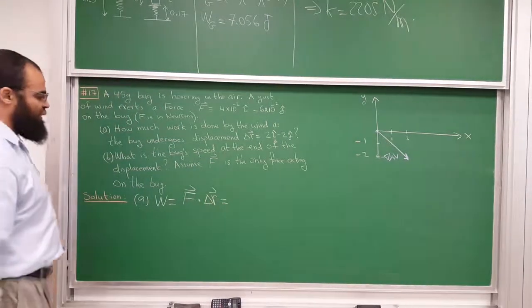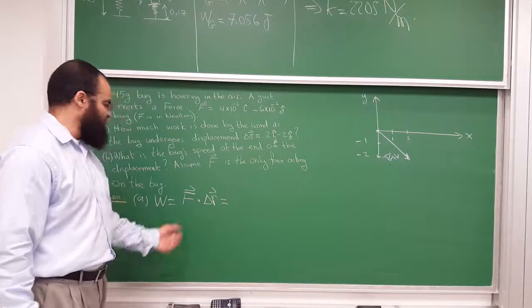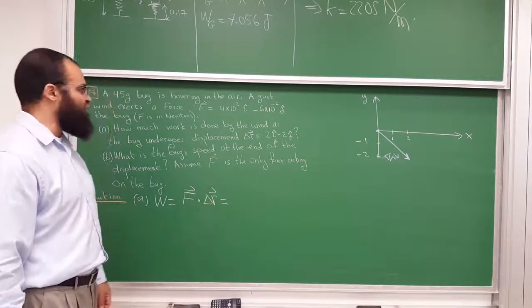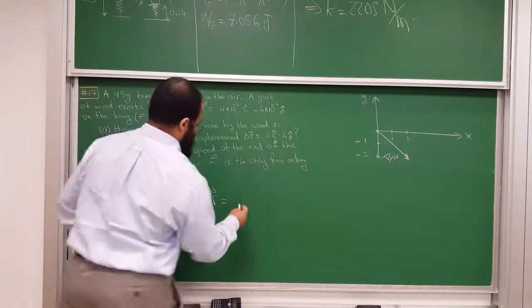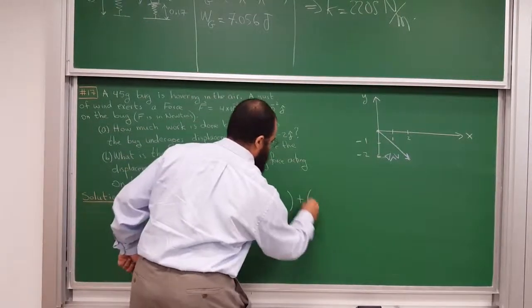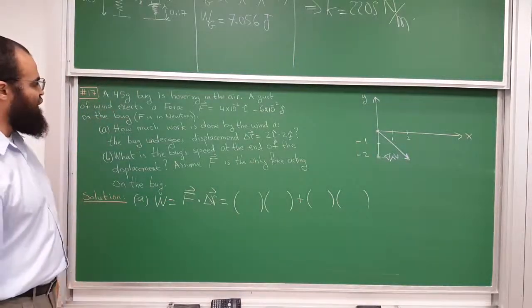And so how do you dot two vectors? You have the first vector dotted with the second vector, so it will equal the x component of the first vector times the x component of the second vector. So it's this x component times this x component. And then plus. Alright? What's the x component of the force?